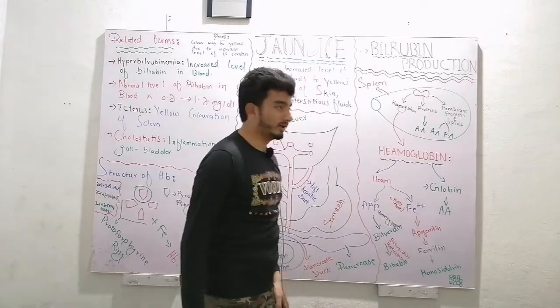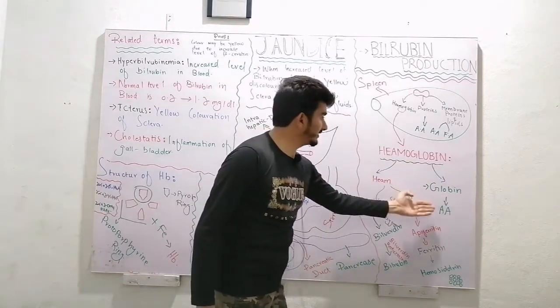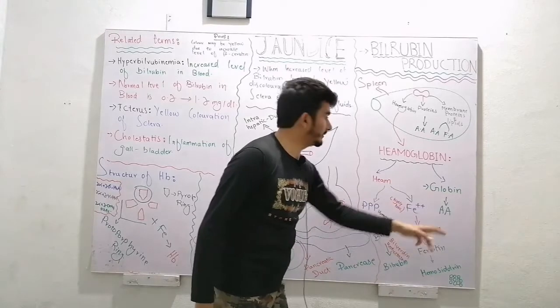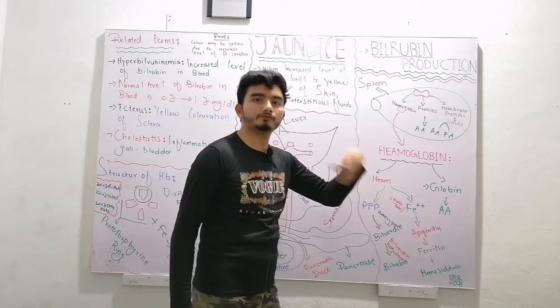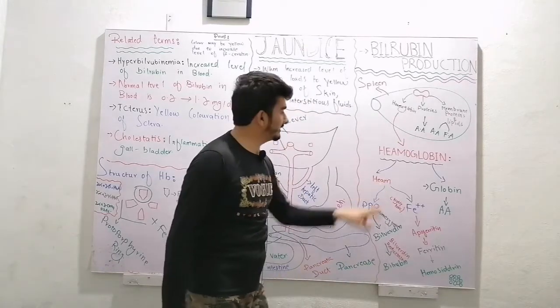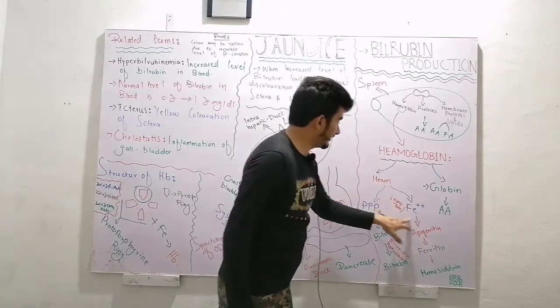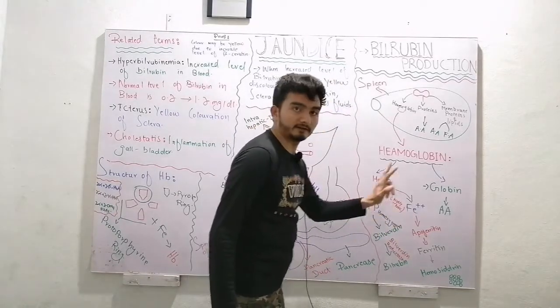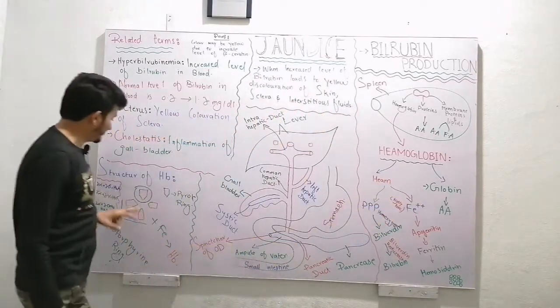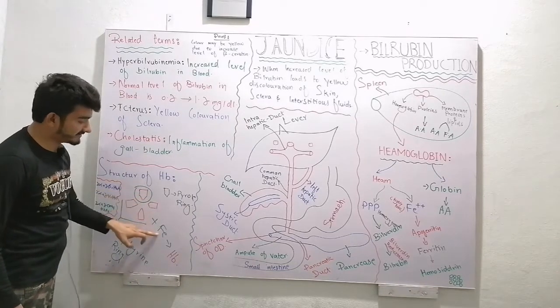This is the hemoglobin. Hemoglobin contains heme and globin. Globin is protein, and globin will further form amino acids, which are used for other polypeptide formation. And this is the remaining heme. As you know, heme contains iron and the protoporphyrin ring. As we studied, this is the protoporphyrin ring, and this is the iron.